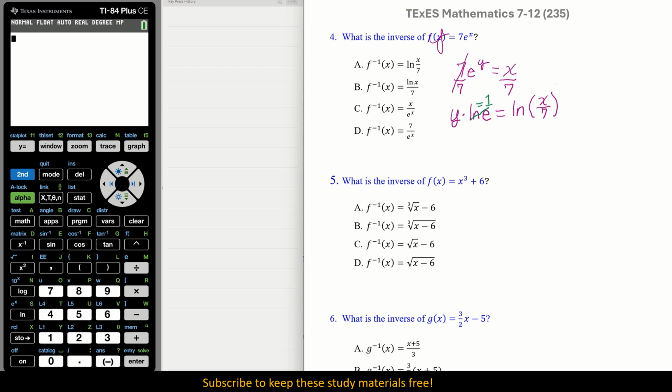So I actually have y equals ln x over 7, and that means I need option A. The other options, one of them is really easy to make a mistake on, this one right there. That's why I divided by 7 first, because it helps eliminate that.